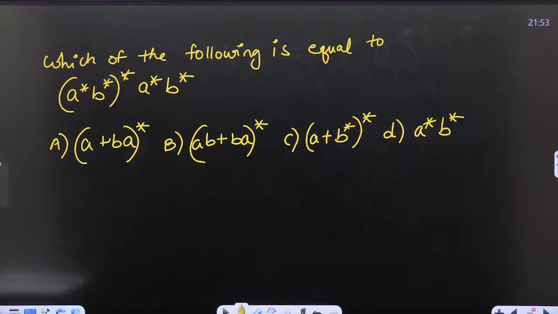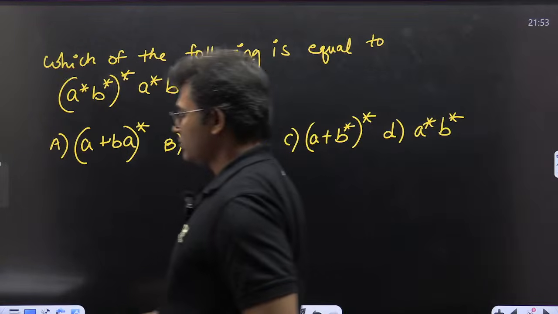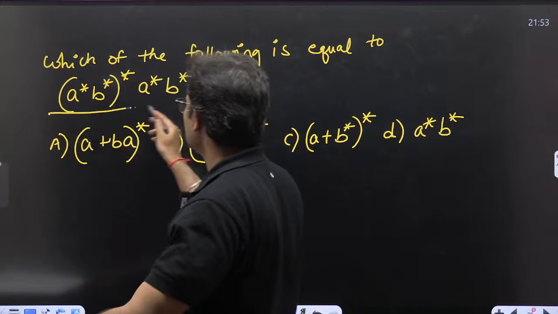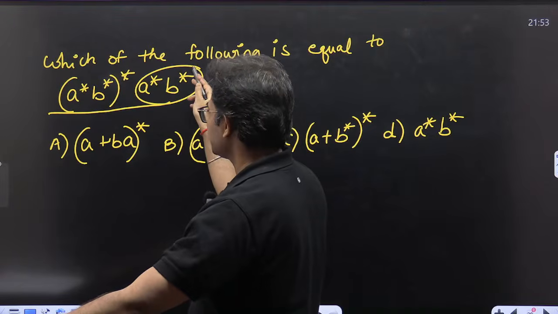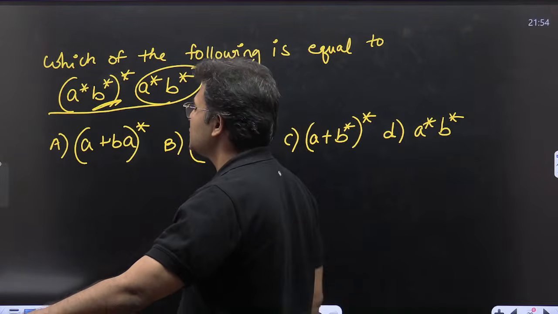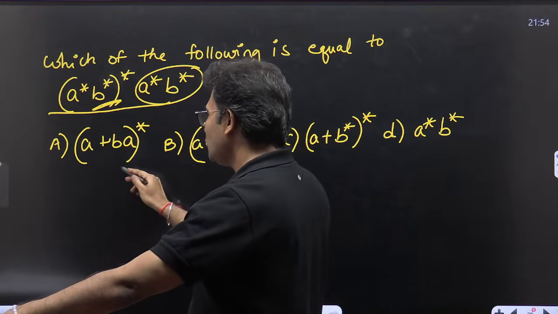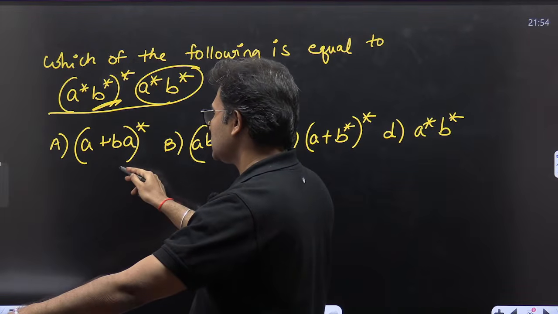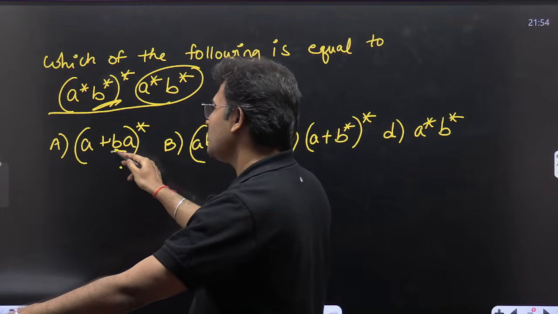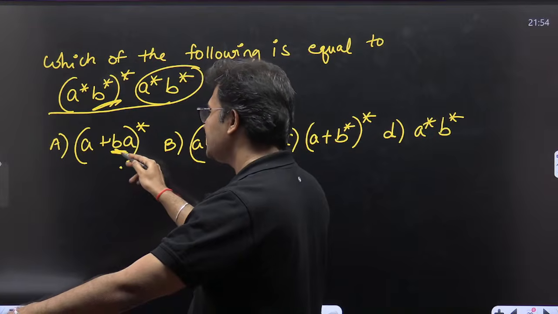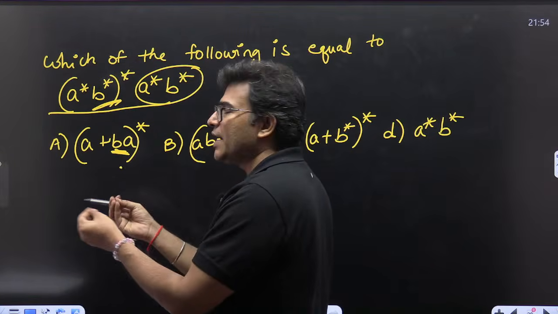So, what is this, guys? I can get rid of this. This is nothing but (a+b)*. Now, if you look at this, b alone cannot be generated. It is always glued with a.